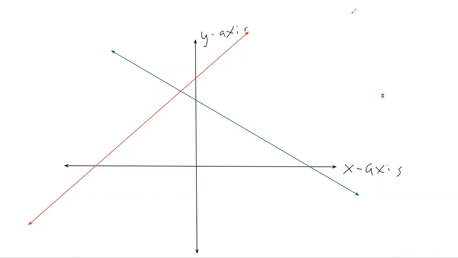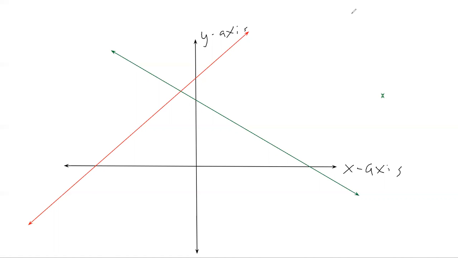If you look at the picture here, the red line is, from left to right, going up, so we say it's increasing. The green line, on the other hand, from left to right is going down, so we say it's decreasing. In terms of the slope that measures this relative change of the coordinates, the red line has a positive slope and the green line has a negative slope.